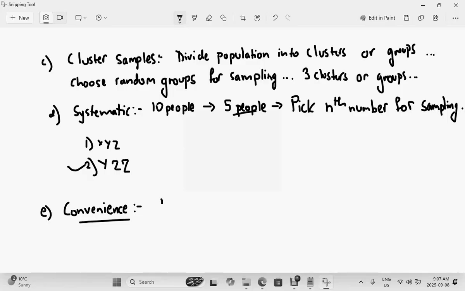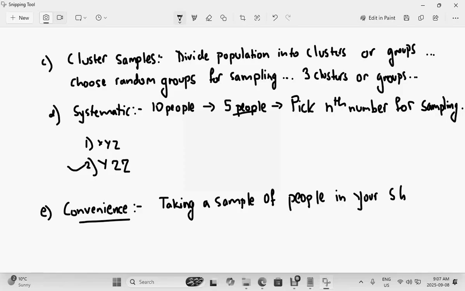So it has to do with taking a sample of people in your shop, using a group, and so on.